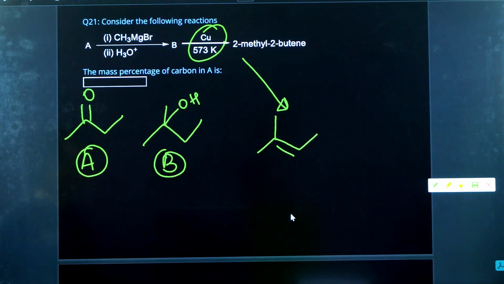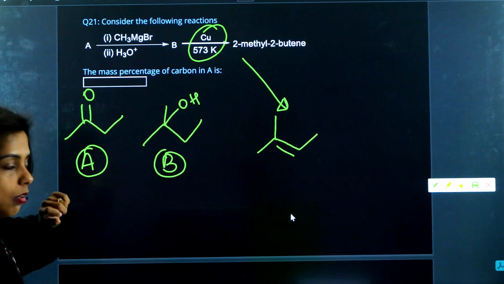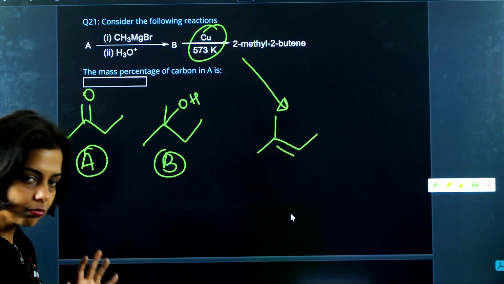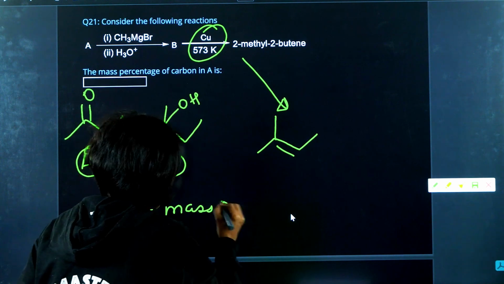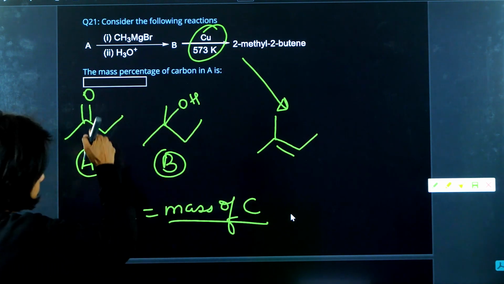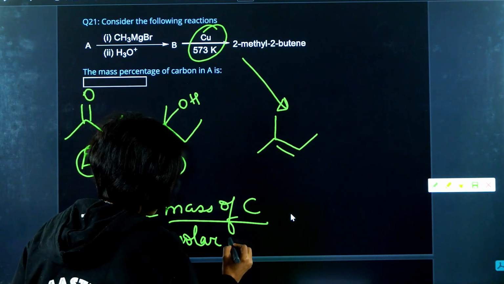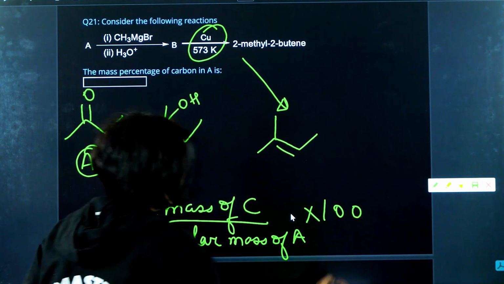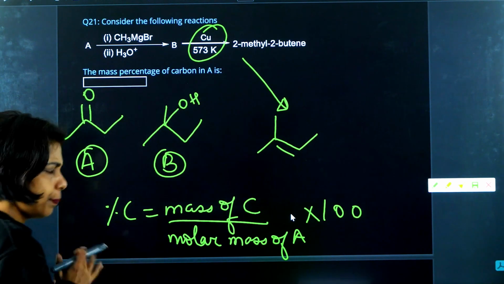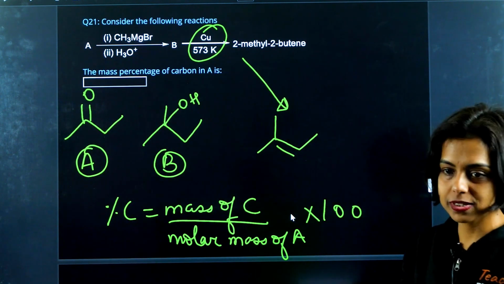Right, the mass percentage of carbon in A. So the mass of carbon in A divided by the molar mass of A, into 100. In this, butan-2-one, the molar mass of butan-2-one is 72. Simple organic reactions are involved and a basic class 9 formula to calculate the mass percentage.